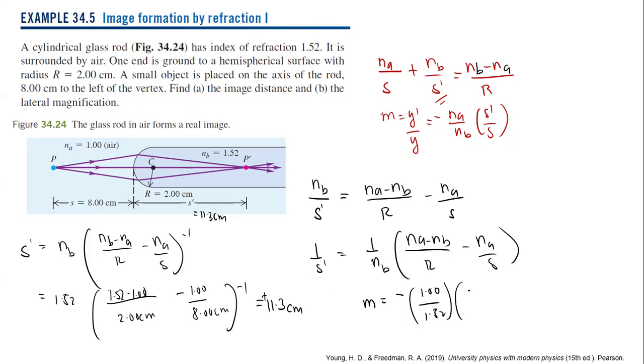So s here is positive, over the object distance 8.